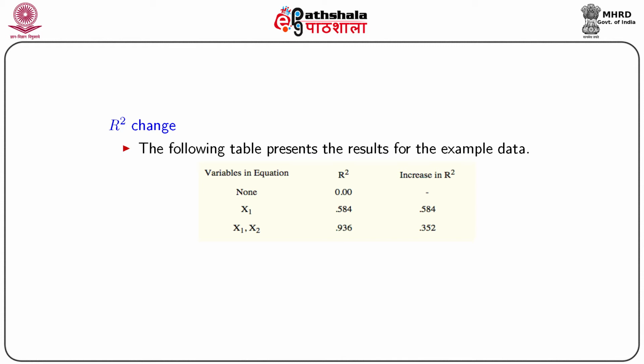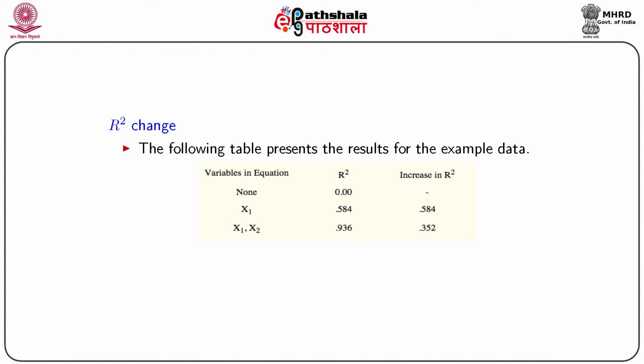Again, if there is only x1 in the equation, then the R square is 0.584 and the increase is 0.584 because previously R square was 0. Again, if both variables x1 and x2 are included in the regression equation, then we see that R square has now become 0.936 and the increase in R square from before is 0.352.